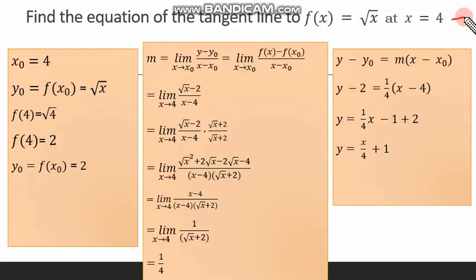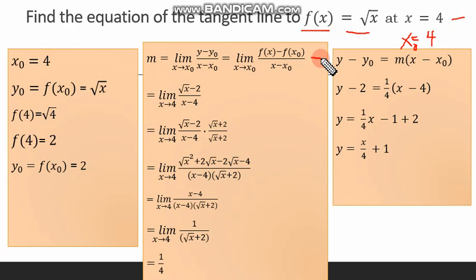Another example, we will find the equation of a tangent line to the function f of x is equal to square root of x at x equal to 4. So again, our x sub 0 is equal to 4. We don't have the value for y sub 0, or the f of x sub 0, yet, but we do have the f of x, which is very useful to get the slope of a tangent line.